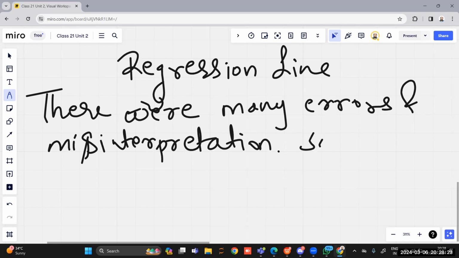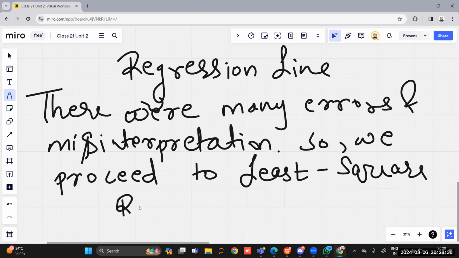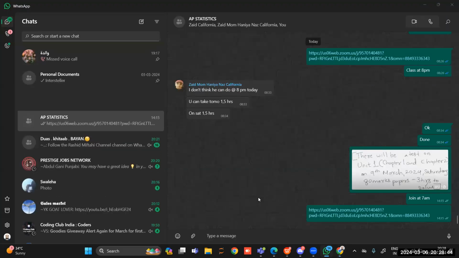So we proceed to least square regression. What is least square regression? We'll see into it now.